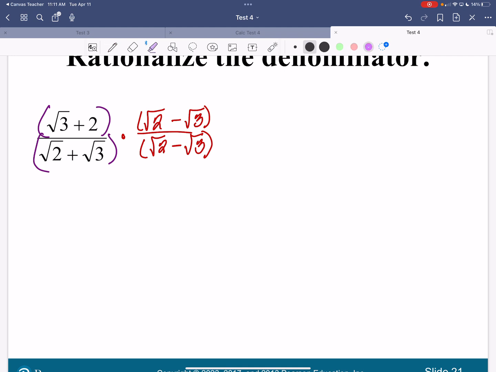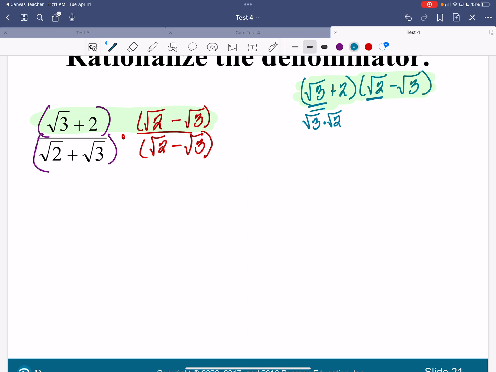So I am going to focus on the numerator first, and I'm going to do that off to the side. So I have the square root of 3 plus 2 times the square root of 2 minus the square root of 3. And I'm going to have to FOIL that. So I've got square root of 3 times the square root of 2.